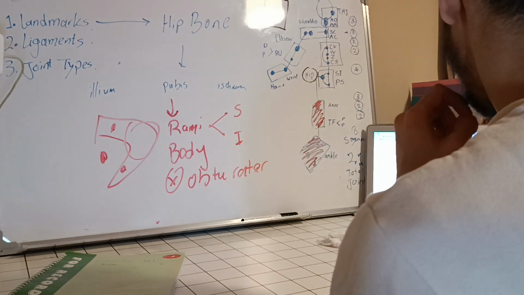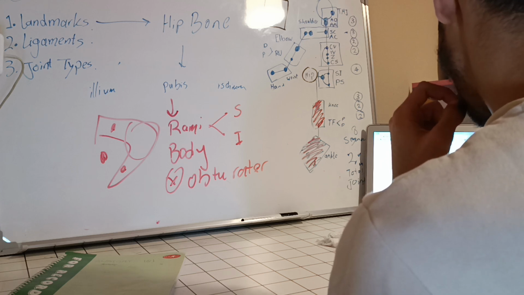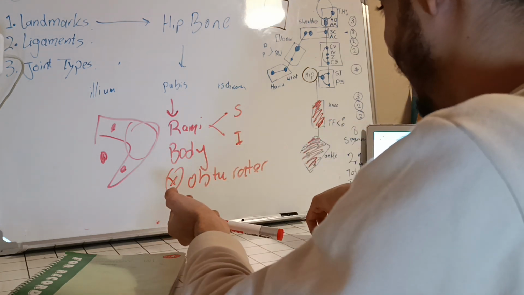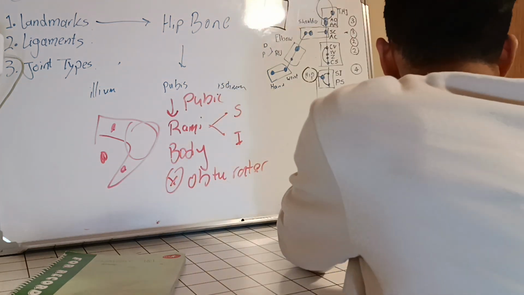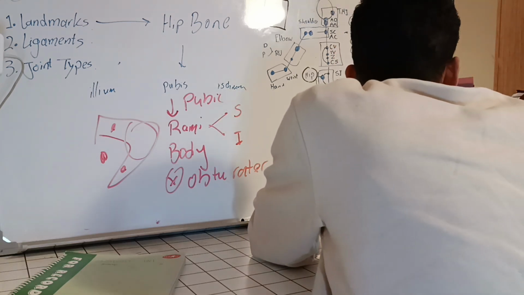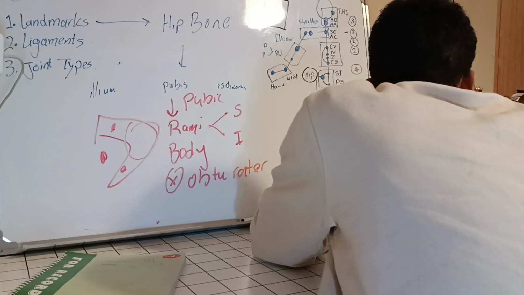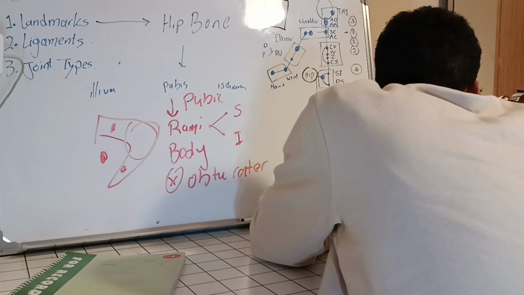We can also have, last thing, the ischium, the pubic crest and surface, the pubic rami, the sacral promontory, and the margin of the ala, the arcuate line, pecten pubis, and pubic symphysis.